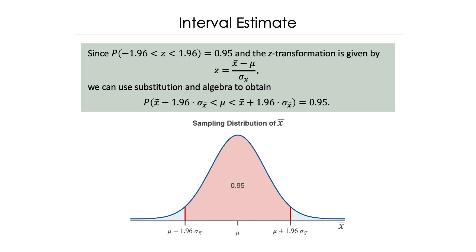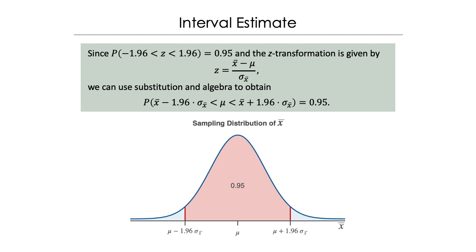Since the probability that the standard normal z is greater than negative 1.96 and less than 1.96 is equal to 0.95, and the z transformation given by z equals x bar minus mu all over sigma sub x bar, we can use substitution and algebra to attain the following probability statement. The probability that mu is greater than x bar minus 1.96 times sigma sub x bar and less than x bar plus 1.96 times sigma sub x bar is equal to 0.95.